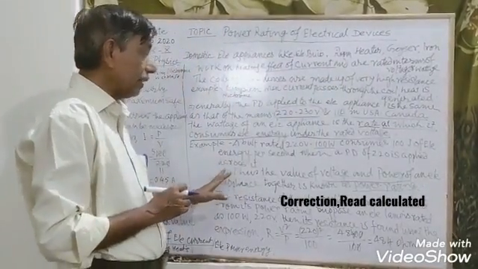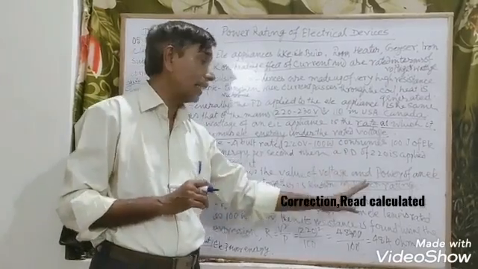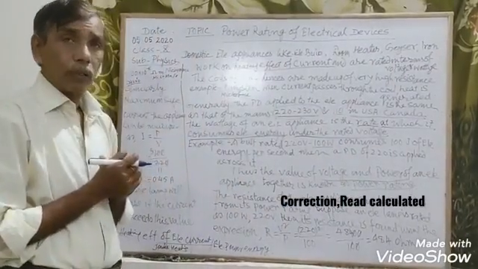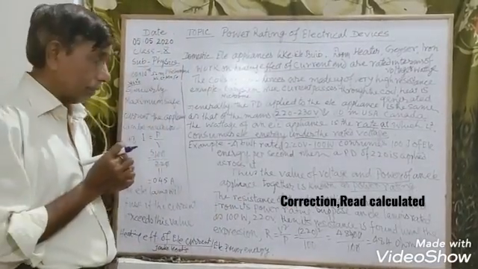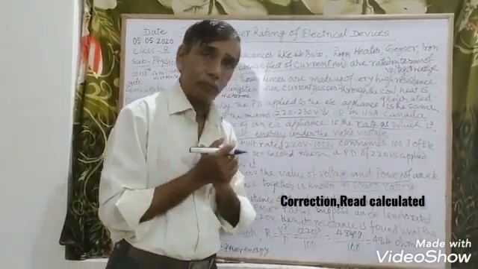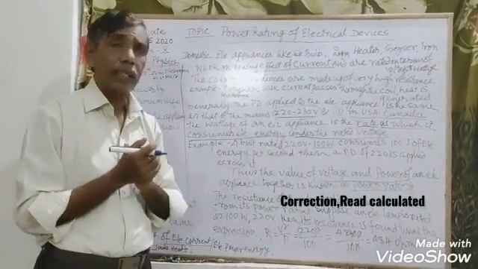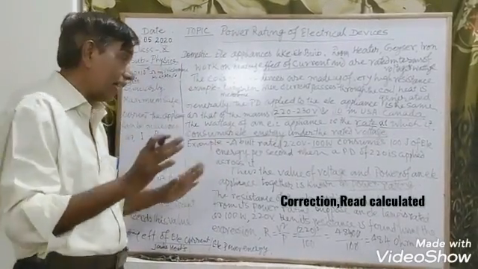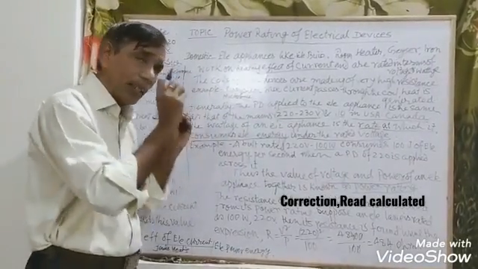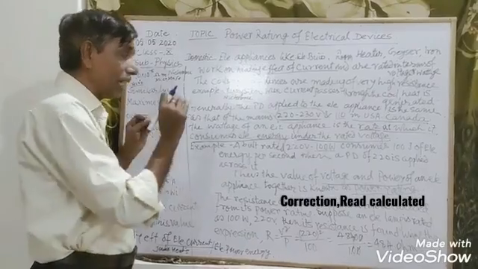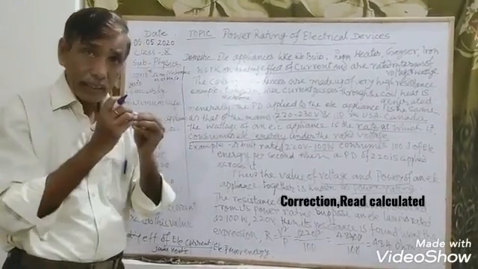The value of voltage and power of an electrical appliance together is known as power rating. This is the definition of power rating. It is defined as the value of voltage and power of an electrical appliance or electrical device together.